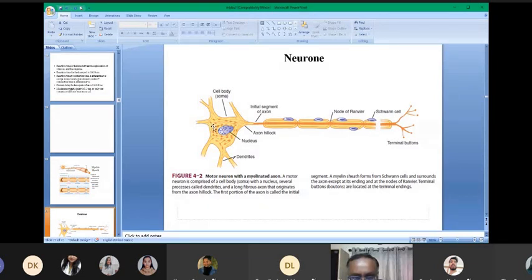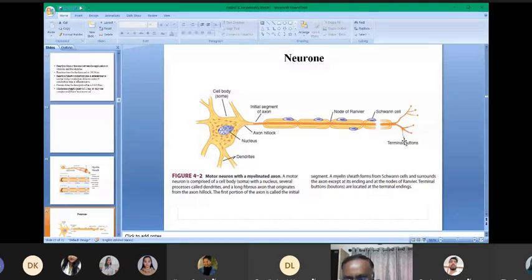So you know this is the dendron or dendrite, this is the axon, this is the axon hillock, this is the nucleus, nucleolus. Dendrites carry the impulse towards the cell body, the axon carries the impulse away from the cell body.